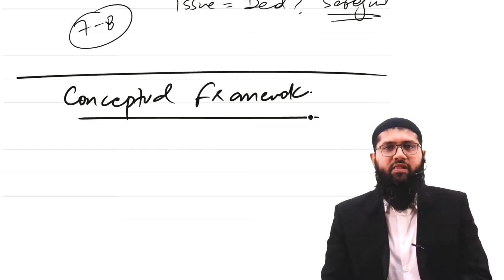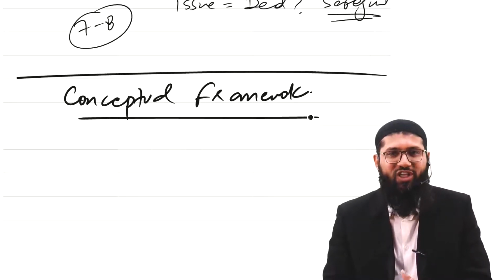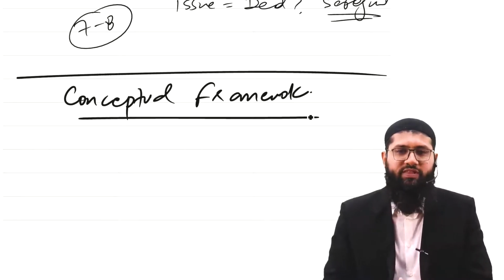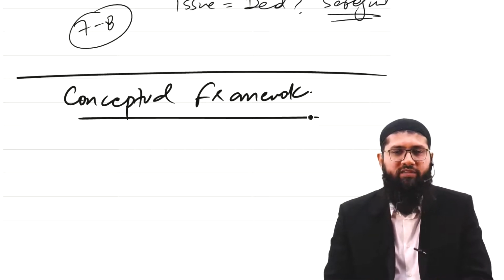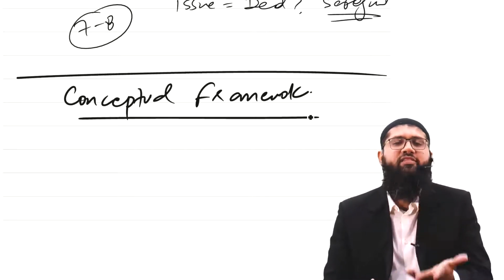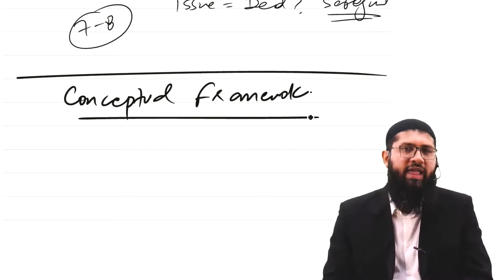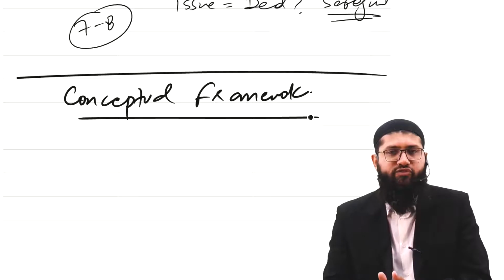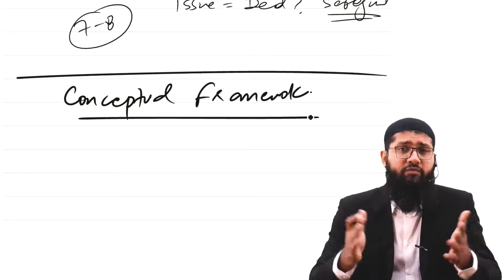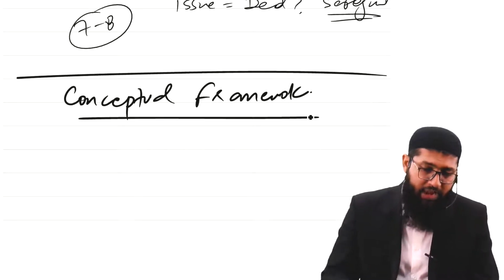At the F7 level, students just don't focus much on the conceptual framework. They realize that this is hardly going to be examined, at the max 2 MCQs. So that's why students simply ignore it, and they're like, we have got so many accounting standards to worry about already. So what else are we going to talk about? Now, let me guide you.